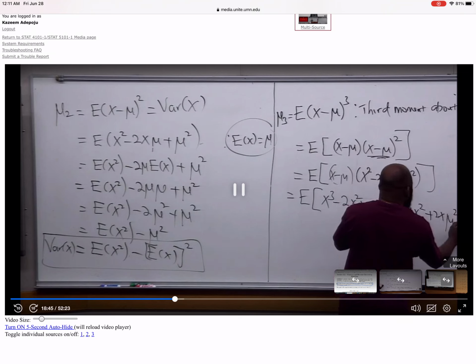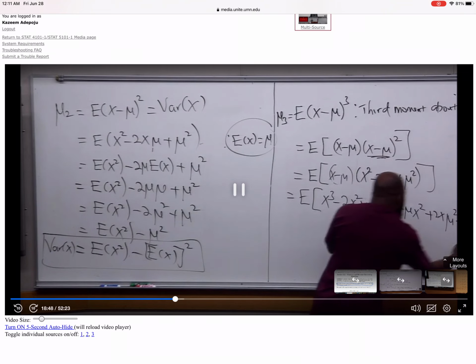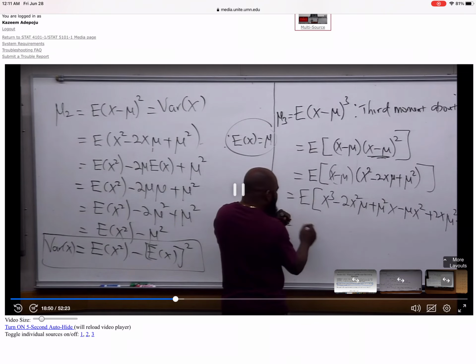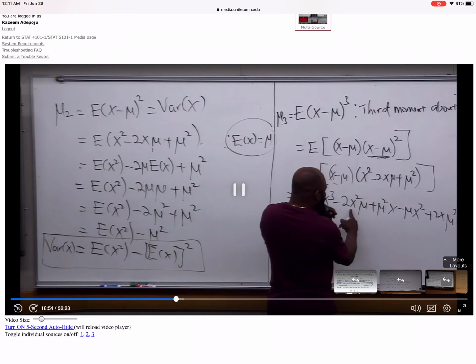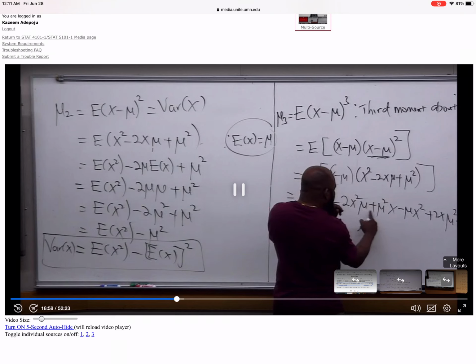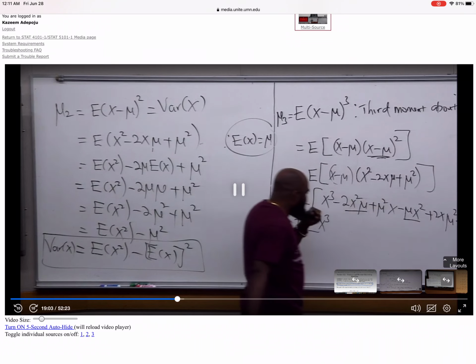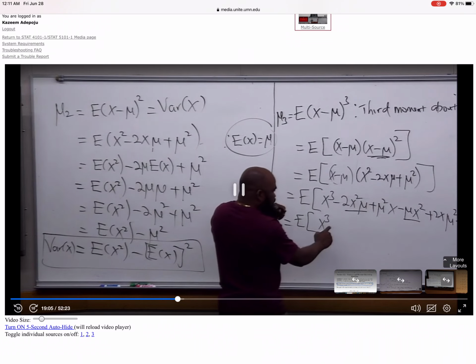Now when you take a look at that, I got 2x squared mu. When you take a look at this and this, oh, this is negative, that's like a negative 3x squared mu.